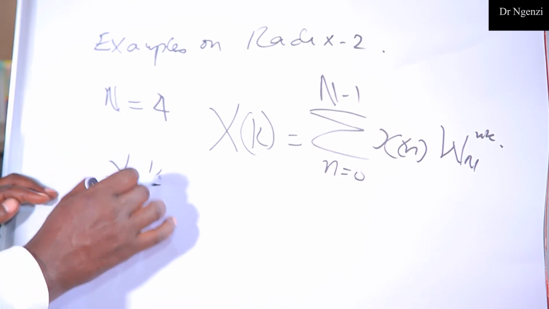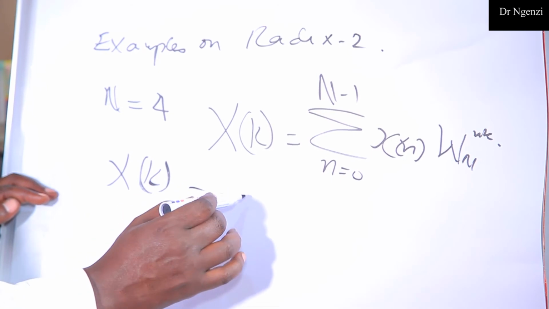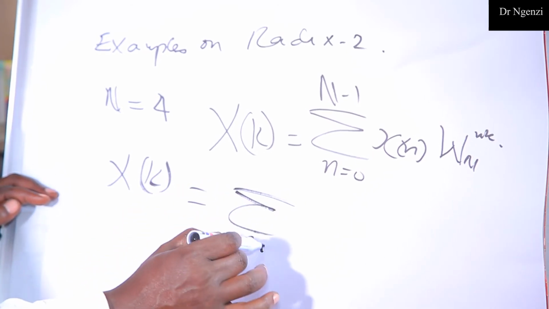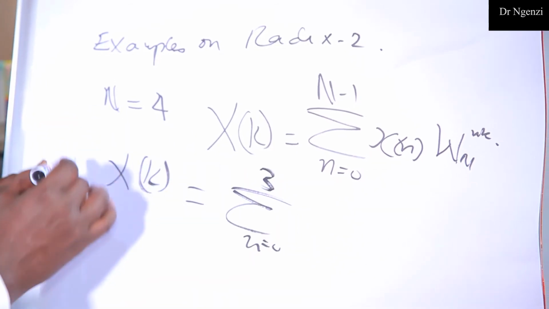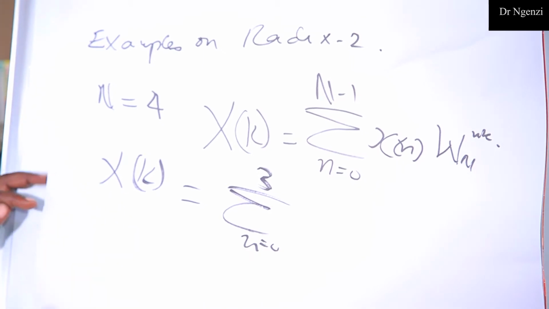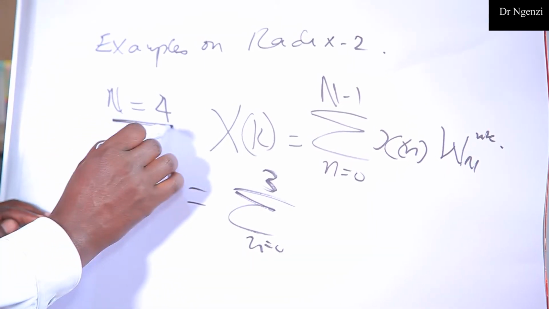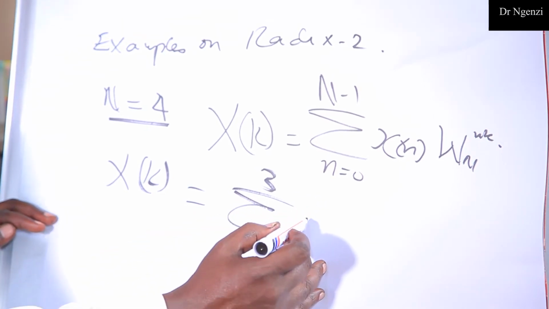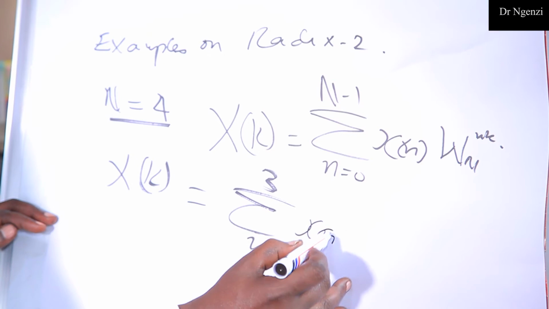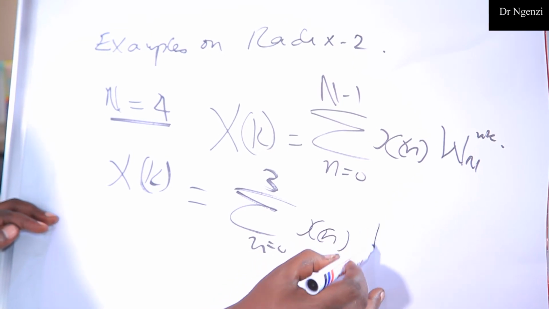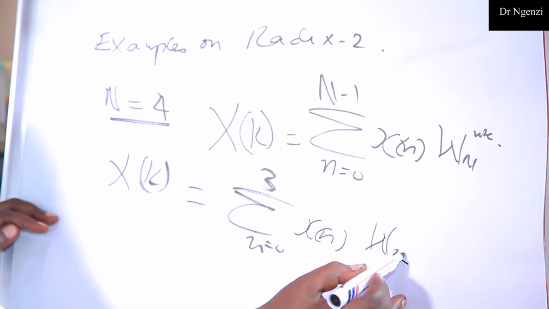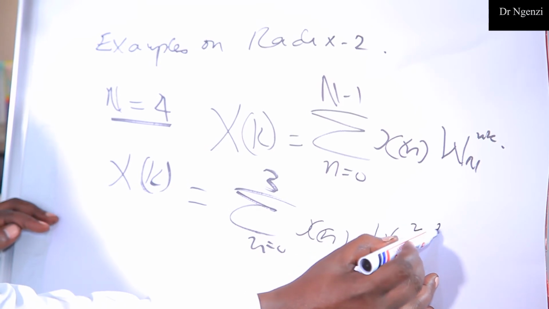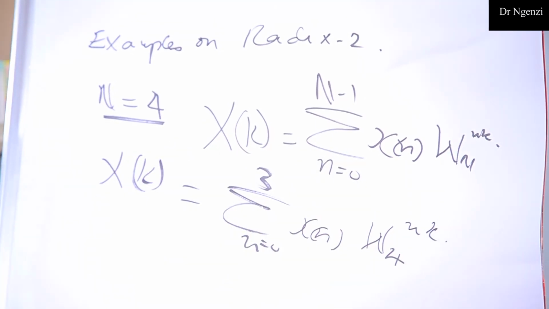So it's going to be X of k on this side. It's going to be the summation from n equals 0 to 3, because it is 4 minus 1. So remember, we are using N equal to 4, x of n in this case, and we have W of 4 to the power nk. So we have substituted our N, which is equal to 4.